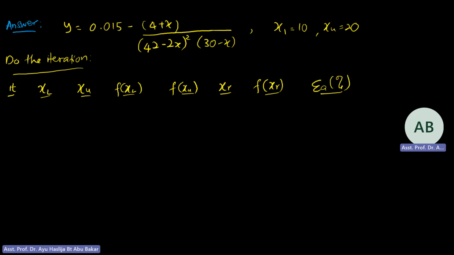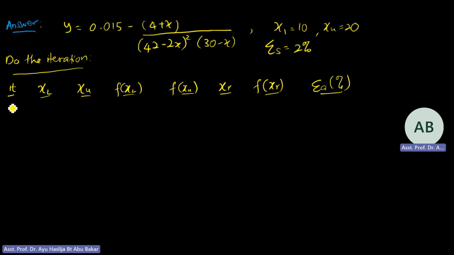Okay, these are the values that you will need to determine for each iteration until you get the EA below 2%. Okay, I forgot to write here. ES is 2%.